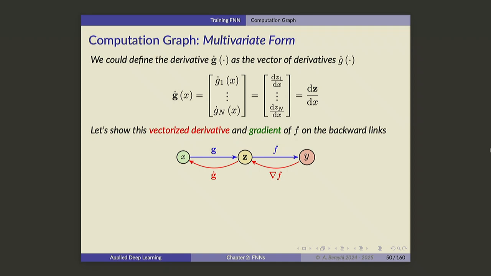Because y is a function of multiple things, you have lots of partial derivatives, and then you can put them inside one vector. This is going to be your gradient vector, right? Now, again, you have this z, which is n-dimensional. You're getting back to x, which is single dimensional. You have this vector derivative. What is the dimension of this guy?